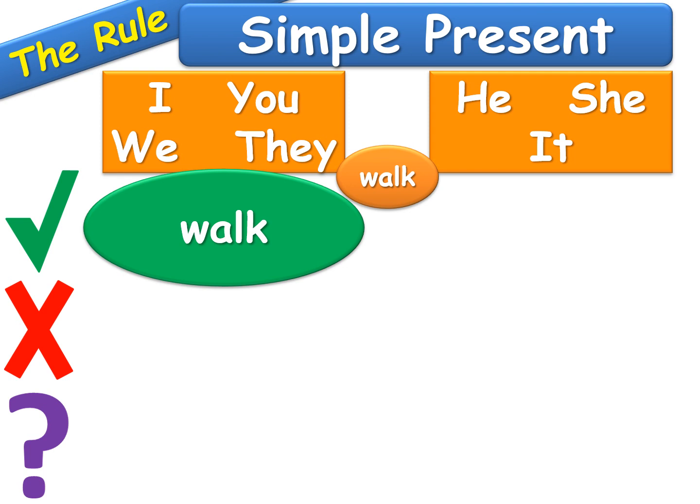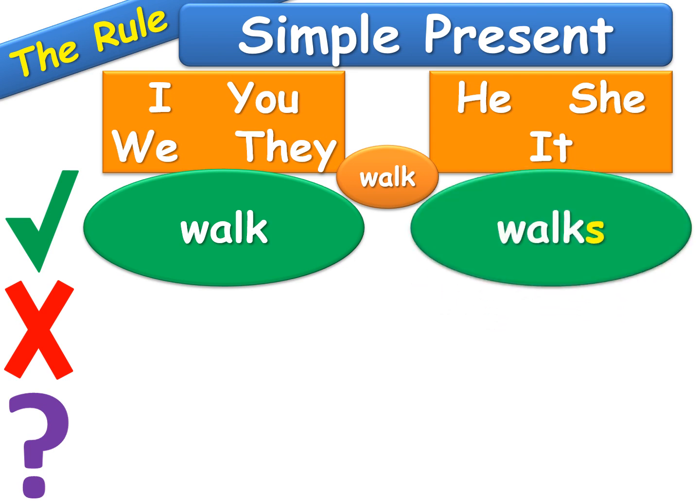Now, the rule's different for he, she, or it, like a boy, a girl, or a dog. If we're talking about a he, she, or it, we need to add an S. So we have to say he walks, she walks, it walks. We cannot say he walk in the simple present tense. We need an S, or sometimes ES or IES.